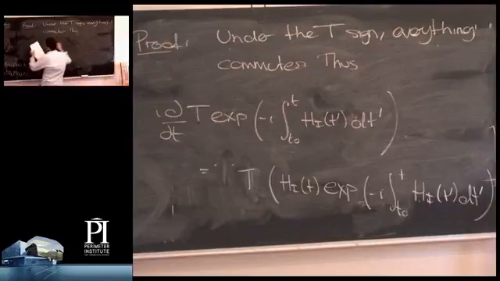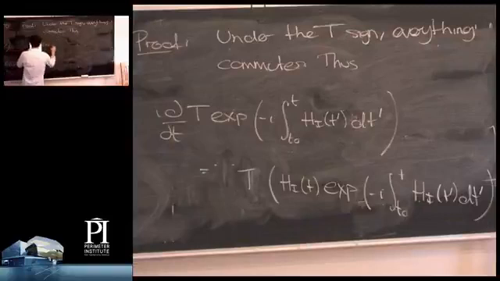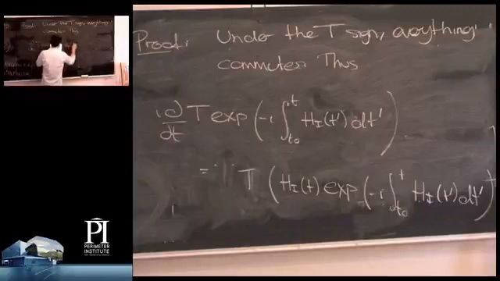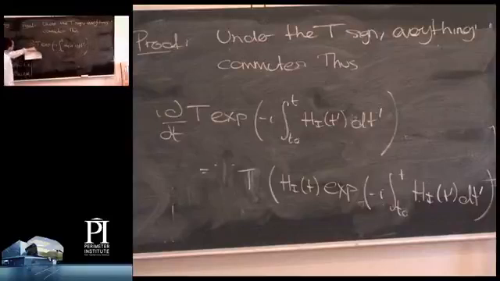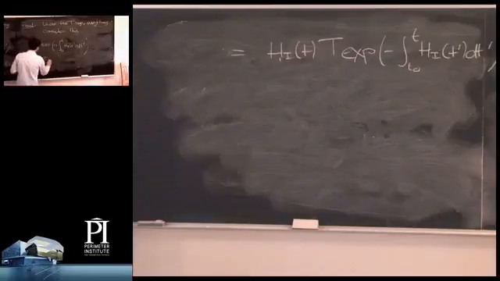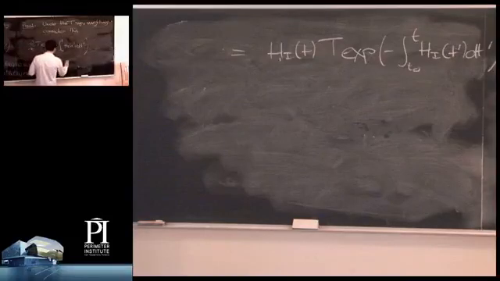What this means is that when we take this differentiation, it doesn't matter where we write the thing that we pull down compared to the rest of the integral, because it's all just going to be decided by T anyway. So let me just put it to the right.